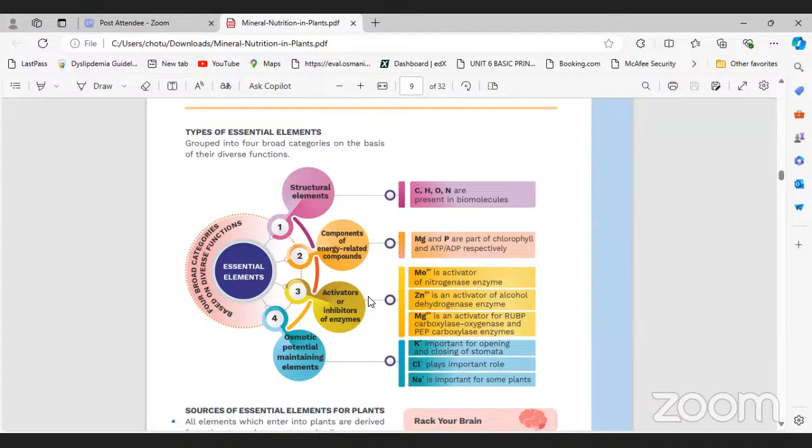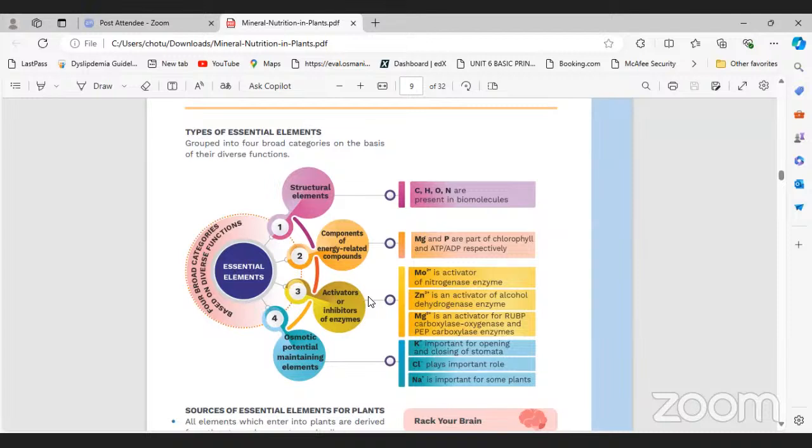Molybdenum, zinc, magnesium. Molybdenum is an activator of nitrogenase enzyme. Zinc is an activator of alcohol dehydrogenase enzyme.